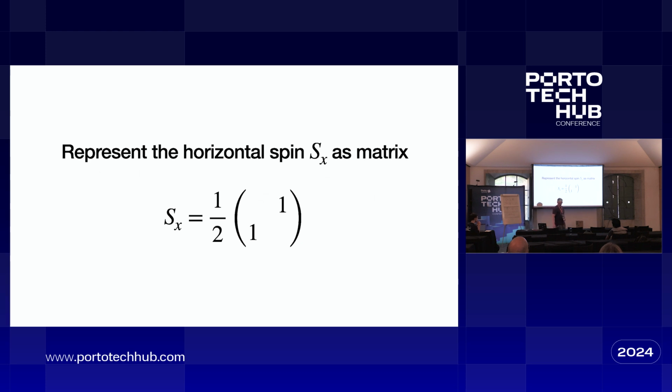So now we want to ask, how do I represent horizontal spin as a matrix? And look, we come back to our friend we had before. This is just half times the, what was I calling it? F, yeah, the x, exactly, x. Now you see where x comes from, right?